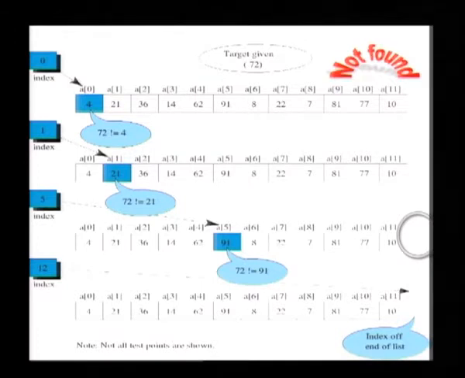As you can see, all the comparisons will fail in this linear search till the index value exceeds 11, that is, it becomes 12, at which point of time you have an exit condition, that is, you have searched the array, compared every element of the array with the given key, and you have exceeded the total number of elements that are there in the array, and therefore the element is not present in the array, and the algorithm at this point of time can report that the given key is not present in the array.